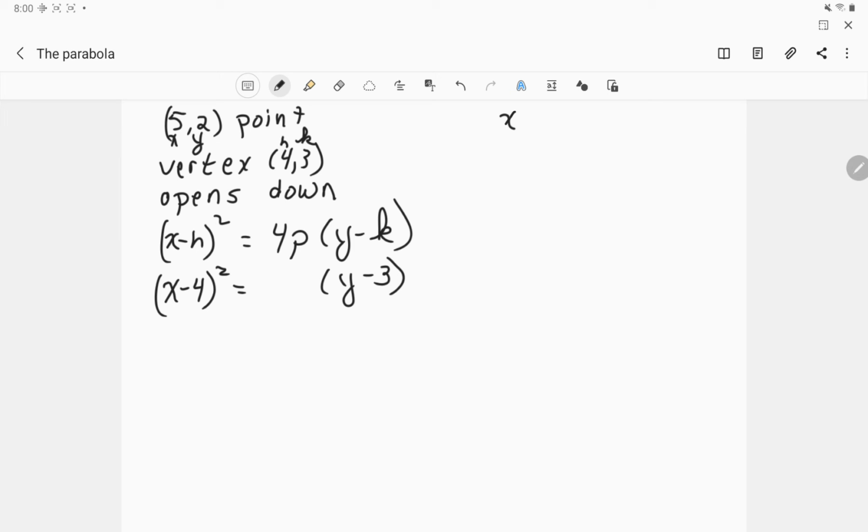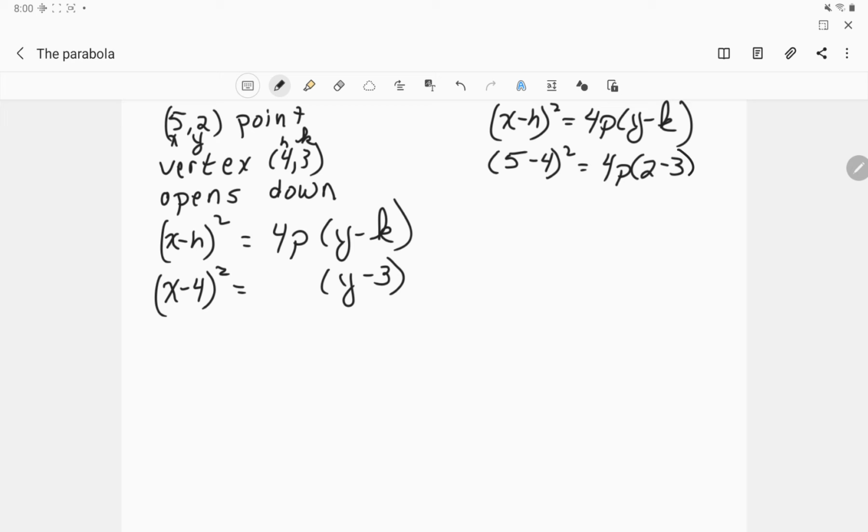And if I know that the equation is x minus h squared is equal to 4p times y minus k, I have an x, I have a y, I have an h, I have a k, I can isolate and get my p, because x is 5 minus h, which is 4, is equal to 4p times y, which is 2, minus k, which is 3.